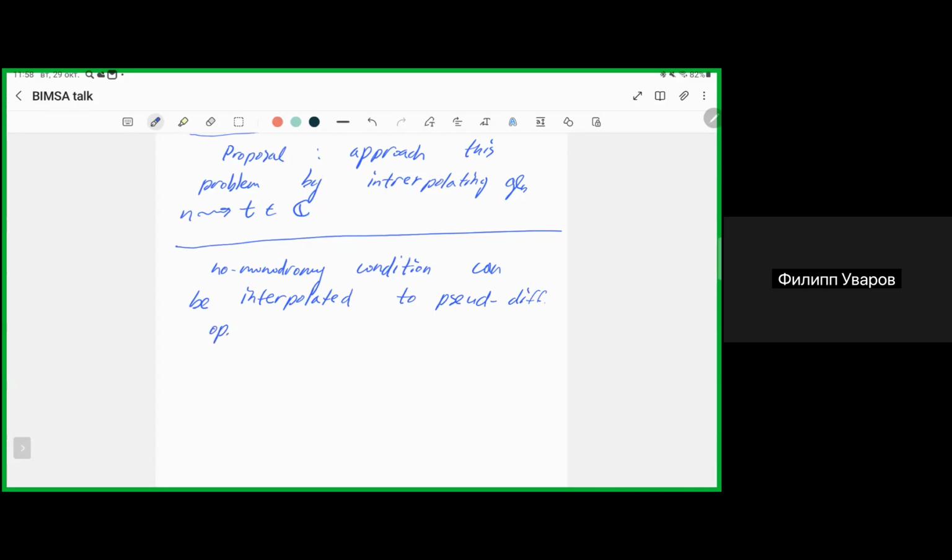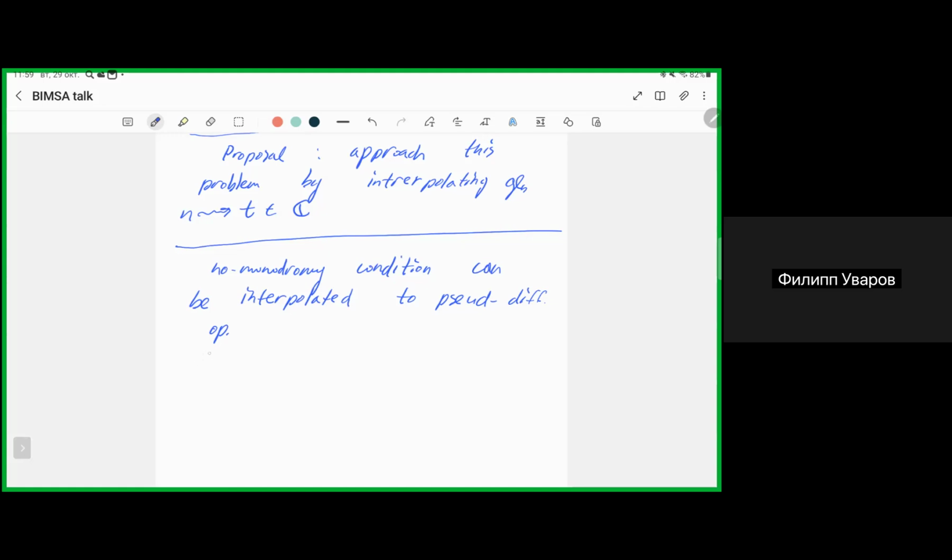In the sense that the no monodromy condition for a differential operator to be in this set diff op n z lambda are just polynomial conditions on coefficients, and so we actually can end up with polynomial conditions on pseudo-differential operators, such that if I kill in my pseudo-differential operators this long tail, for all b_i where i is greater than n, I get the pseudo-differential operator that I need, right? Okay.